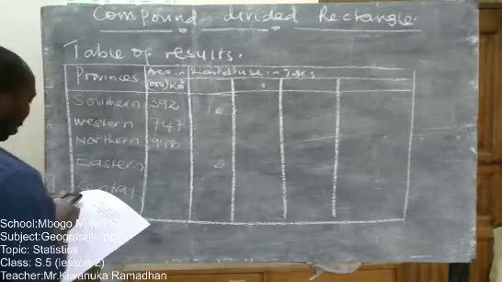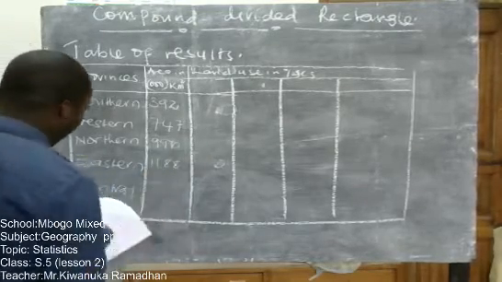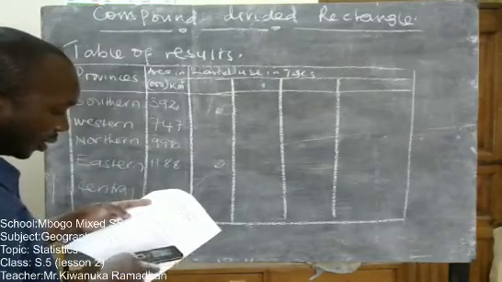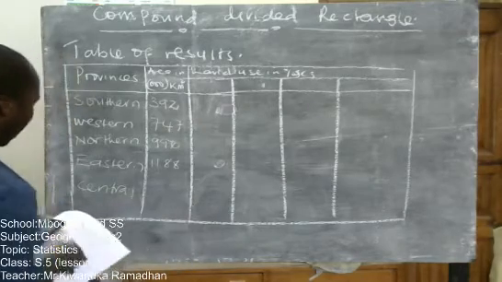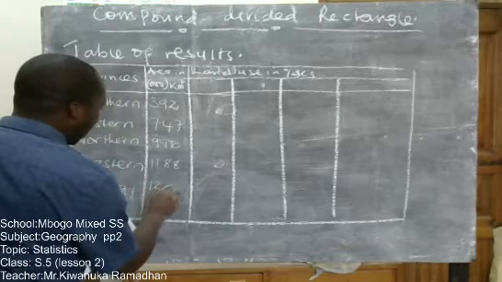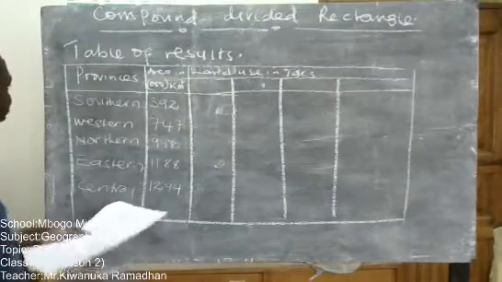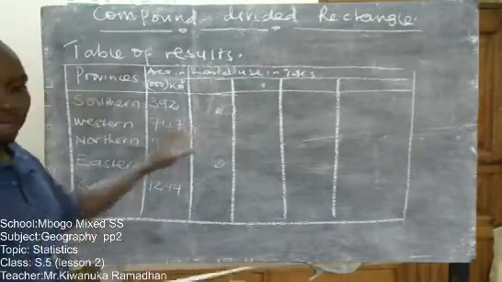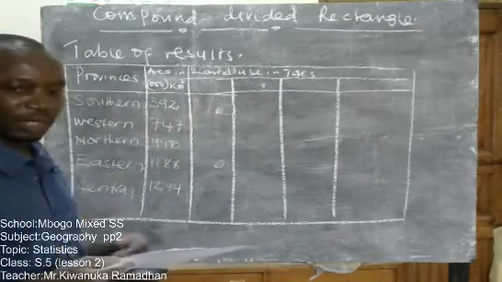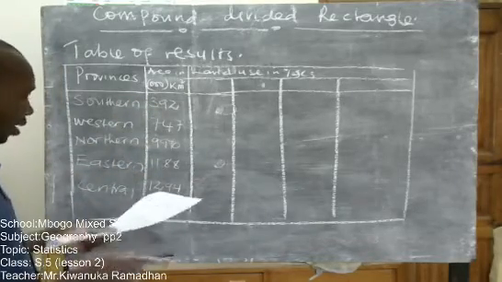We get 1188. Then we add on central, and our central is 106. We get 1294. We have added. Remember what we have done. We have first of all arranged this in order from the biggest to the smallest, and after that we have cumulated, and this is what we have got.